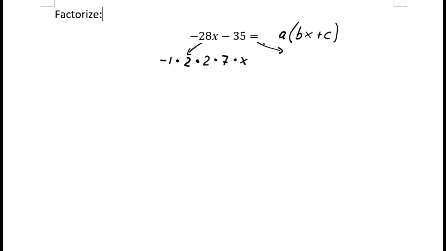And negative 35, we can write as negative 1 times 3 times 5 times 7. So we have broken that down, and what we can do now is we can find the greatest common factor.